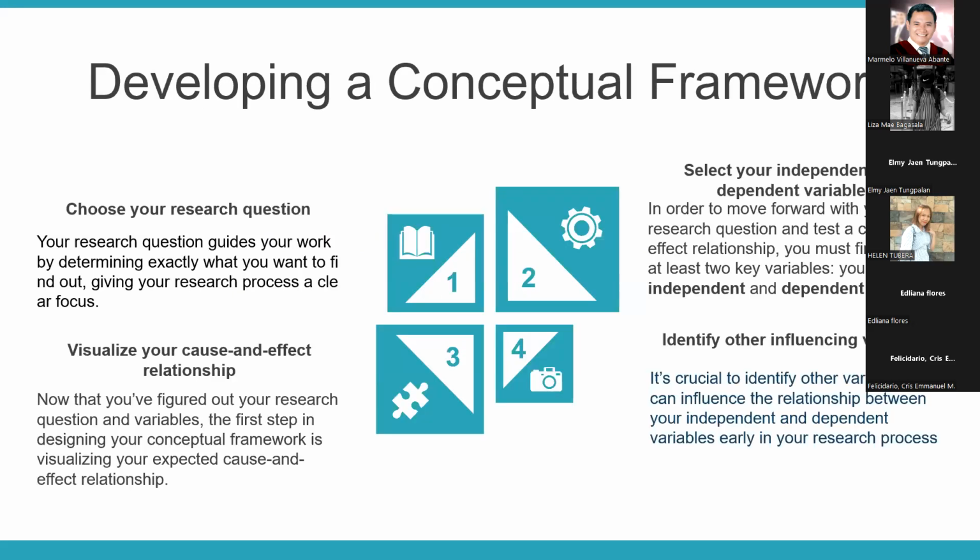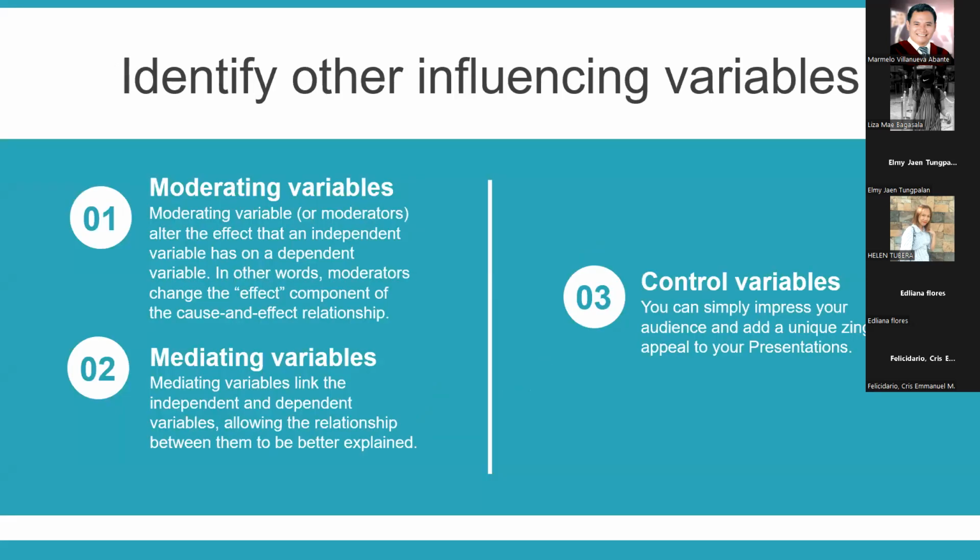Next is to identify other influencing variables. So it's crucial to identify other variables that can influence the relationship between your independent and the dependent variable early in your research process. So meron tayong tatlong common variables to include. These are moderating variables, mediating variables, and control variables.